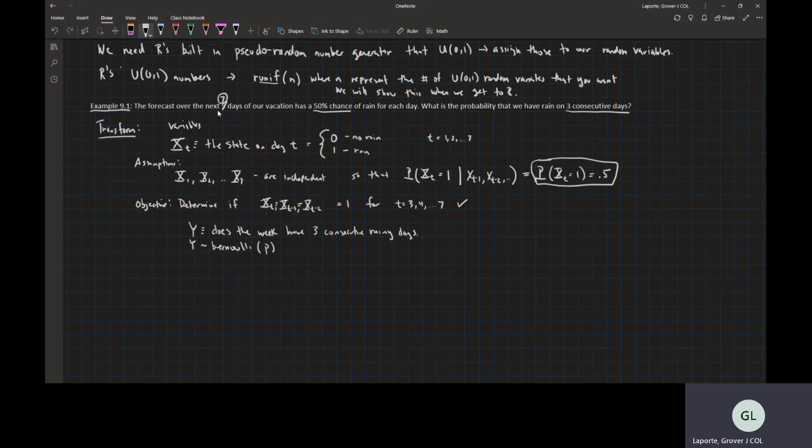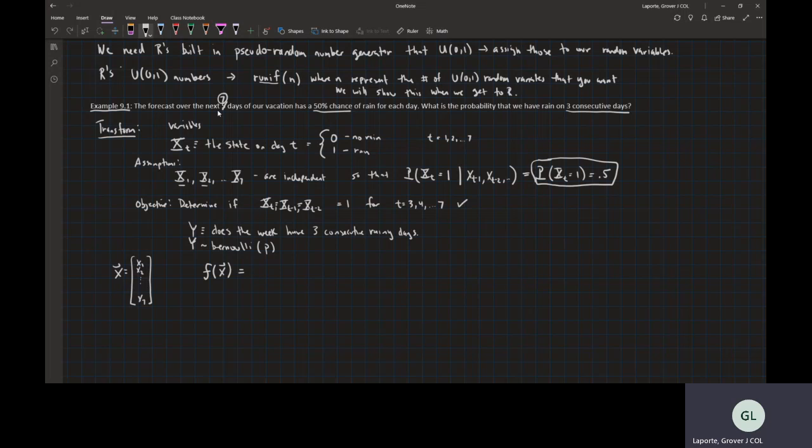But one way of figuring out if a particular week has 3 consecutive rainy days: let's call this a function of x. So this vector x, these are random variates that come out of these random variables x1, x2, x3. Let's set x equal to all of the days, whatever happened on x1, x2, all the way to x7.